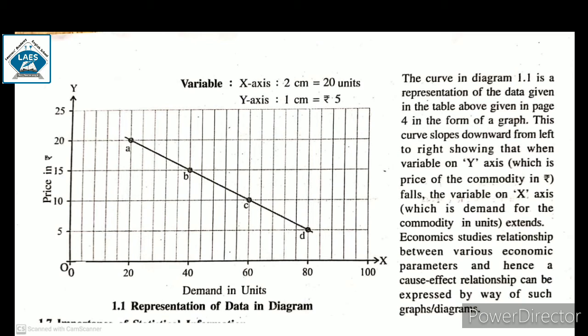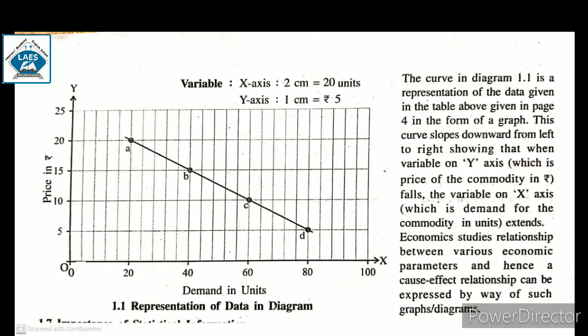So it is nothing but the relationship between economic parameters, or we can call it the economics study, the relationship between various economic parameters, and hence a cause effect relationship can be expressed by way of such a diagram.